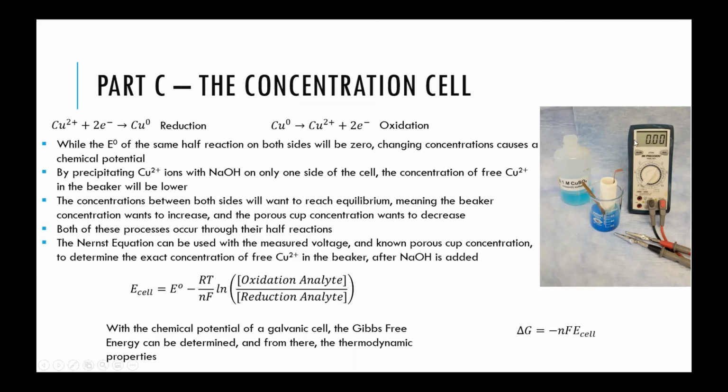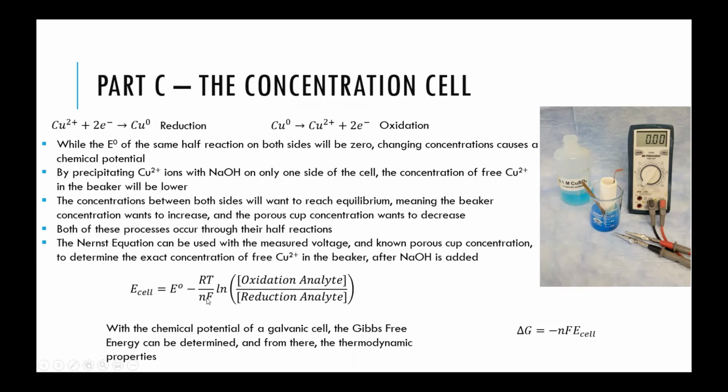When you measure this chemical potential, in theory, the standard potential for that reaction should be 0. R is the gas constant. You'll measure the temperature. There are 2 electrons being transferred back and forth in the Nernst equation.